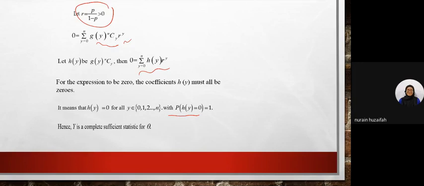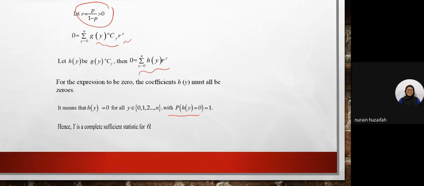Okay, so that is how we show it for a discrete distribution, the same as we showed in the first example, the Poisson distribution. You can use notation or define another variable; in this case we define r with the condition that r must be greater than 0. Then h(y) is defined as g(y) n choose y.